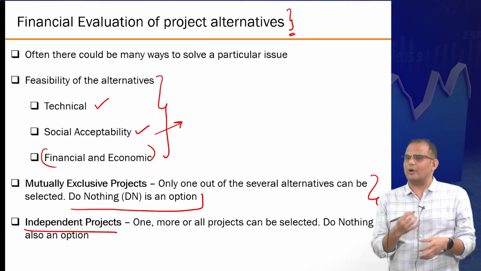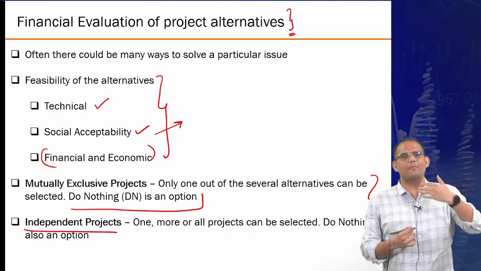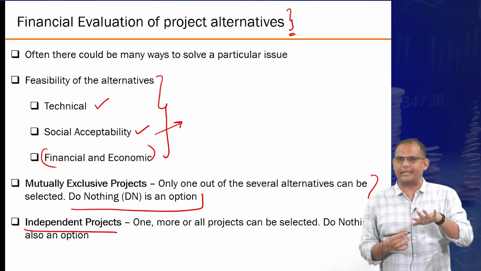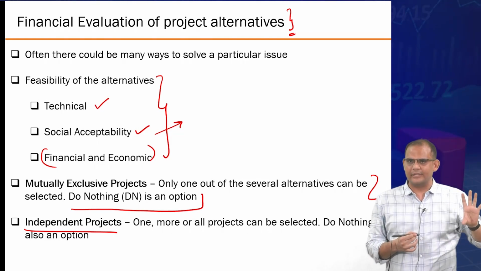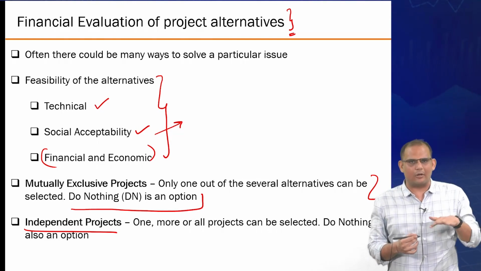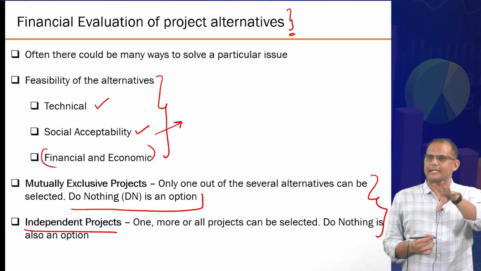Some projects are called independent projects. In this case, you can choose multiple projects which satisfy your criteria. Let's say you have set up a criterion that in total I can spend $1 million. So you rank the projects according to some criteria, and you say that in 1 million, I can execute 3 projects.